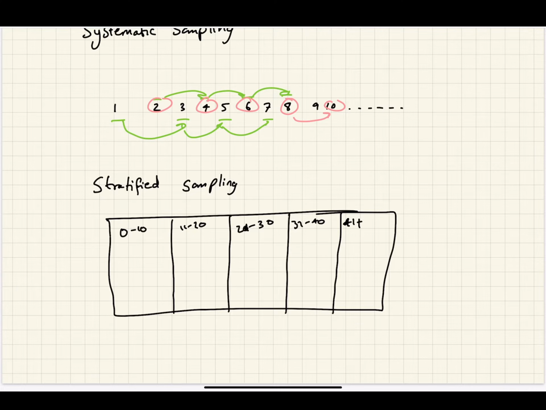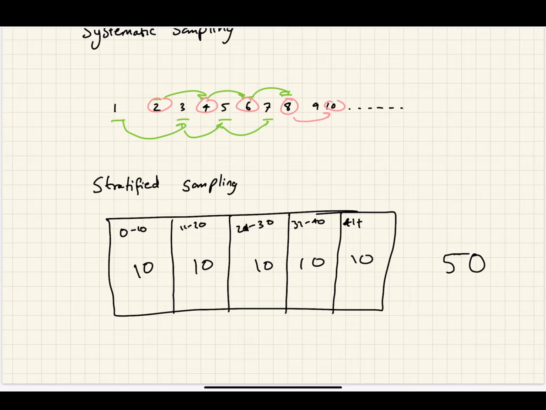So we might say, okay, once you split it into these different groups, I am going to select 10 people from here, 10 from here, 10 from here, 10 from here, and 10 from here. So this is how I can get a sample size of 50. This is more fair because we're making sure that we're selecting people across the board, representing our population. So we don't need to worry about not representing our population that well.